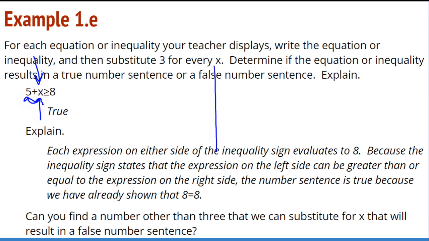And I'm just going to quickly set up a small t-chart here, places that we're going in the future. So I've got 5 plus x, and the statement is 5 plus x greater than or equal to 8.